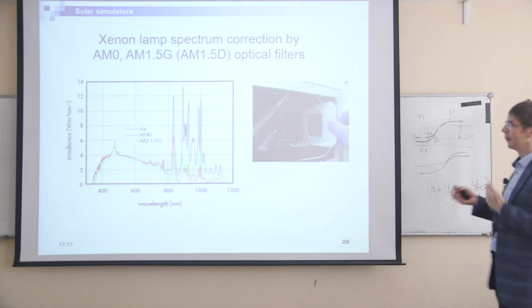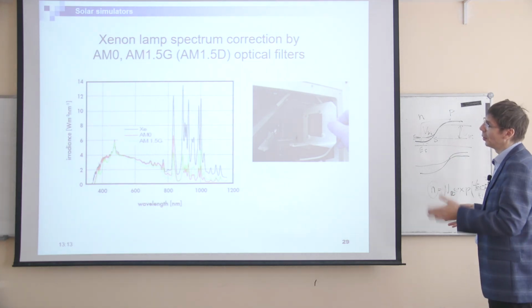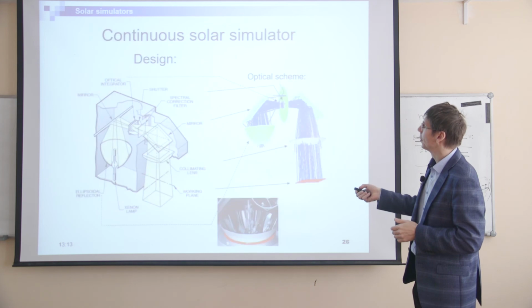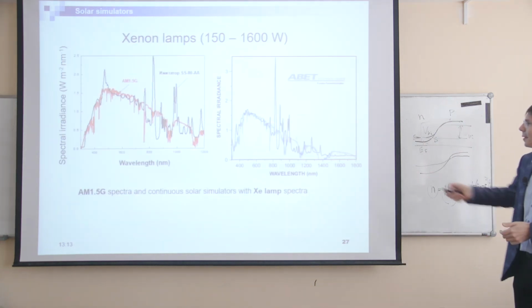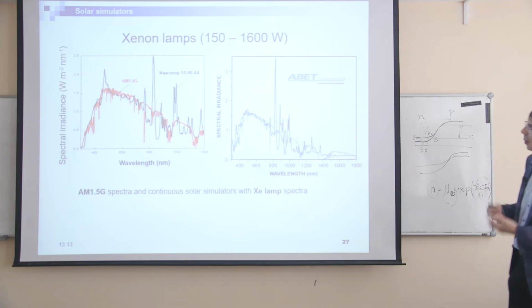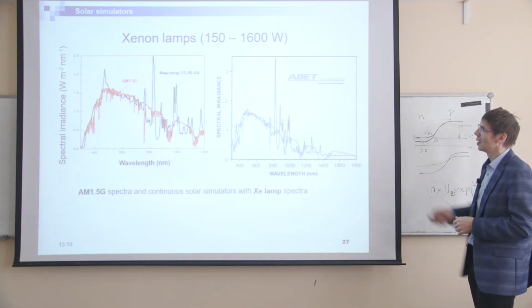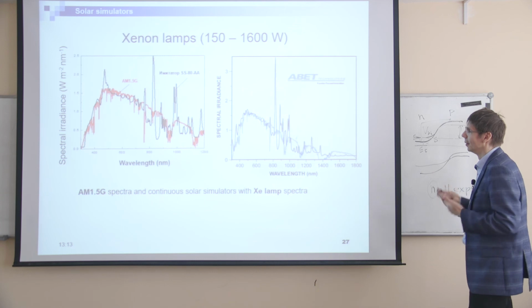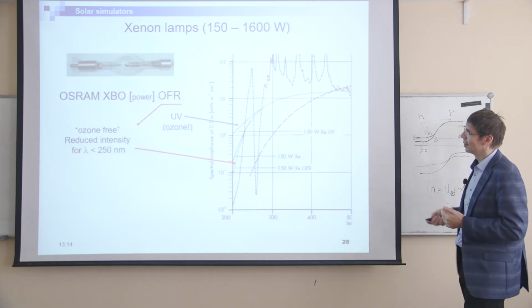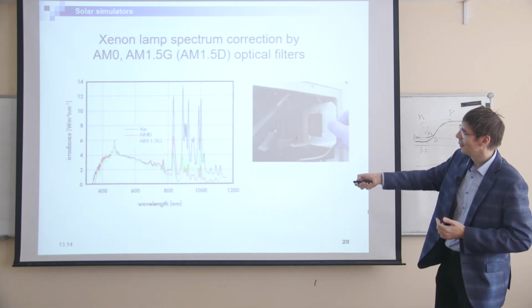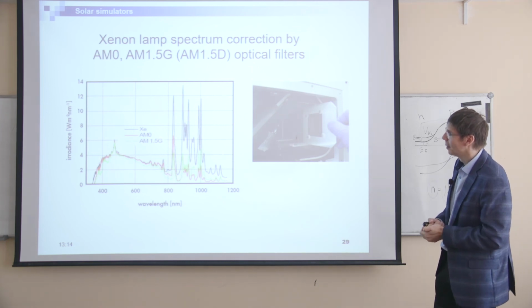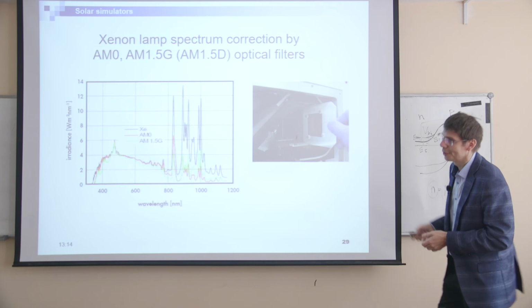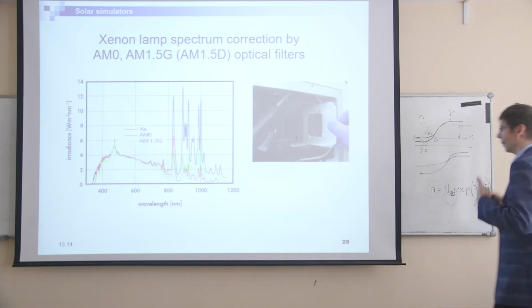So you see, it's just to illustrate that if you have a look at the spectrum like this, you can say, oh, there is a huge difference. Why do you think that it's a nice spectrum match? But if you have a look at this picture, you can see that actually the filters which are used give a lot of improvement.